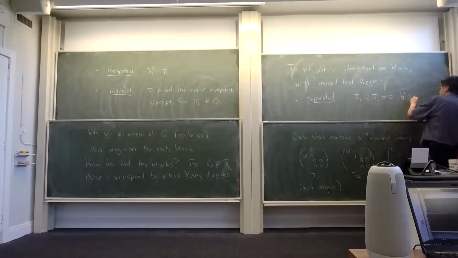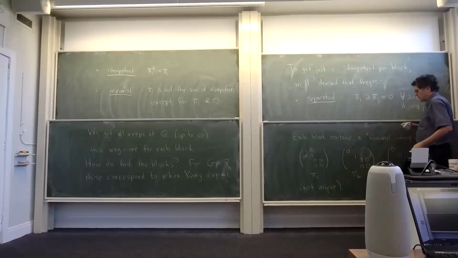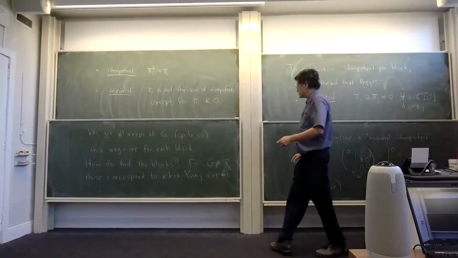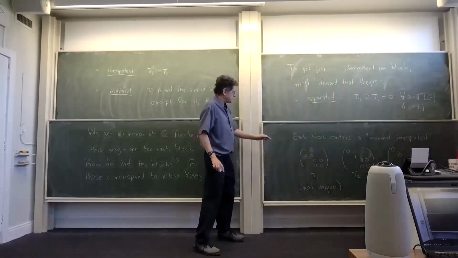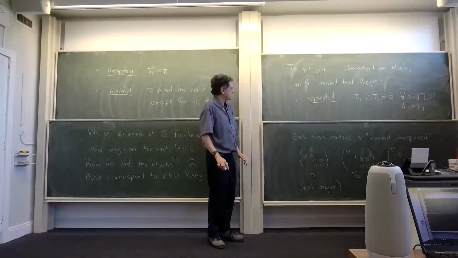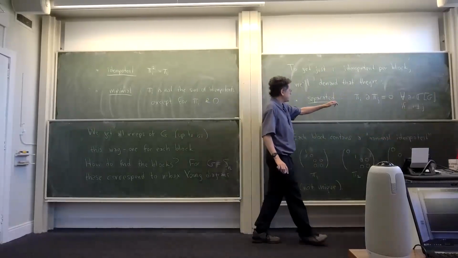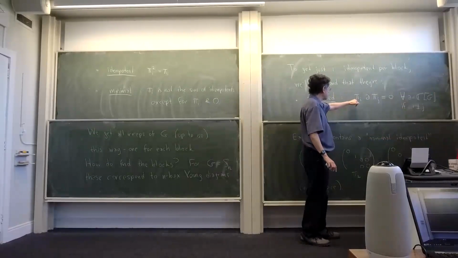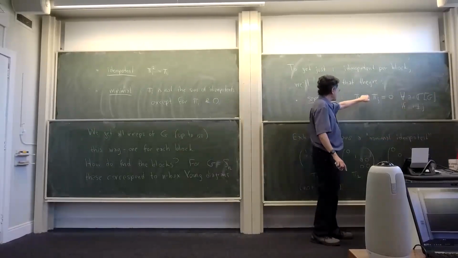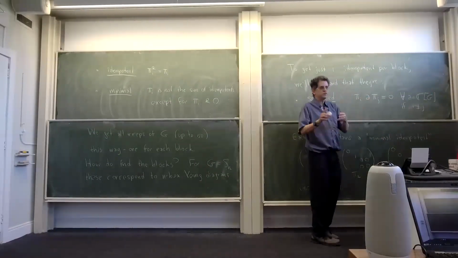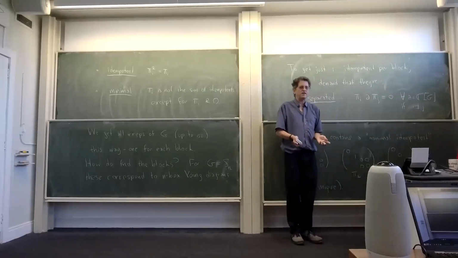So this is true for any element A in the group algebra if i is not equal to j. If you think about it, it's true in these examples. When you have an idempotent in one block, when you multiply it by any A here, you get something that's still in that block.